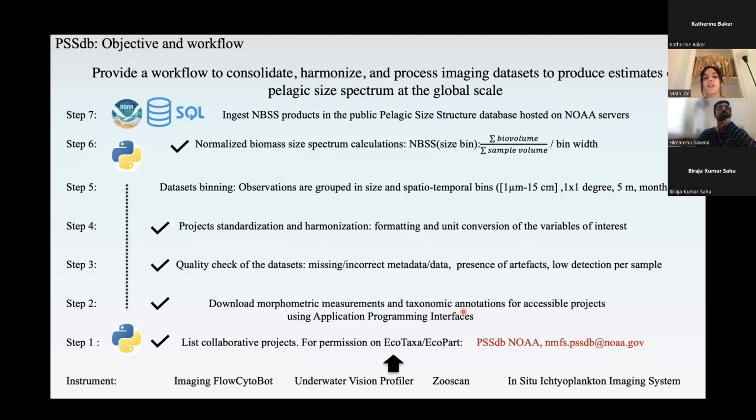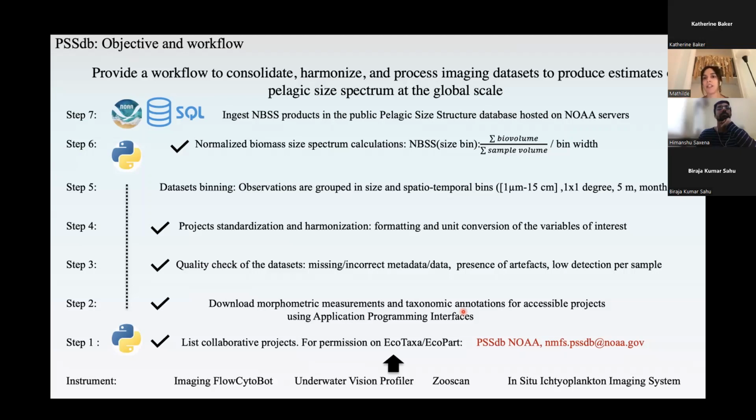So we are making sure that all the data files that we are getting, regardless of their native format, are formatted with the same variable, the same name, the same unit, and that correspond to standard vocabulary. And then once we have the standardized files, the goal is to grid that into spatial bins, but also size bins, and to calculate NBSS.